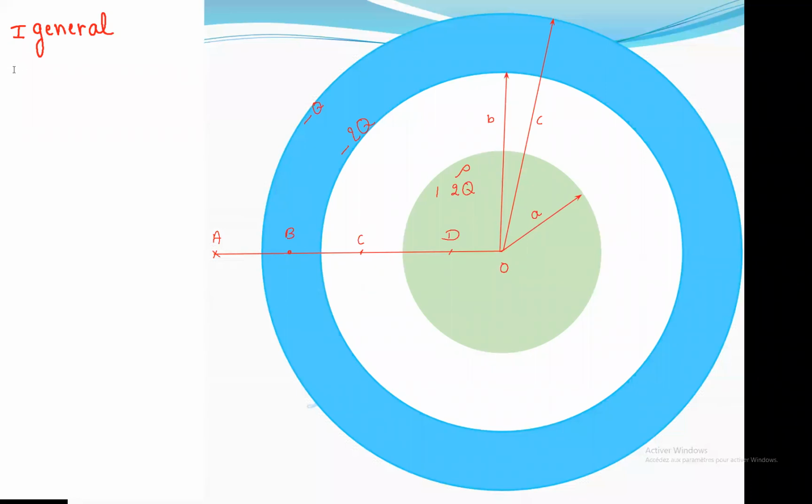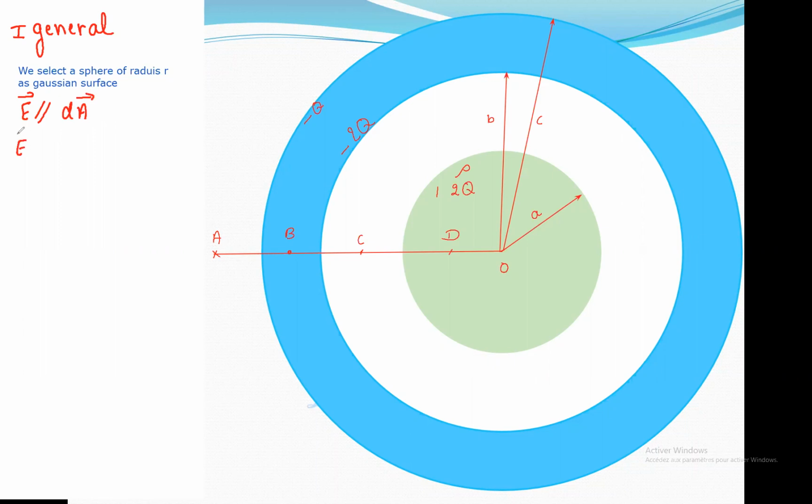As we have a spherical object, to use Gauss's law, we select a sphere of radius r as the Gaussian surface. And you have to put the conditions. First of all, E must be parallel to dA.